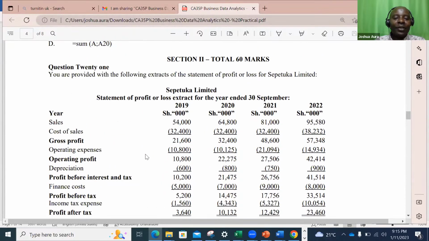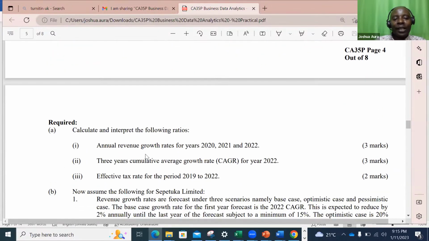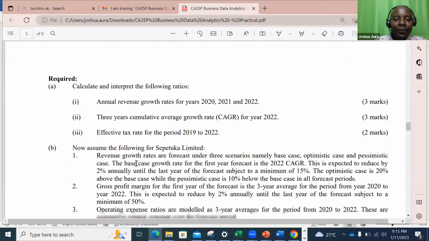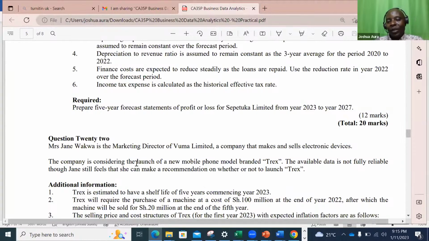And then we have section 2 here. Section 2, like here, calculate annual gross revenues, etc. This forecasting question was a heavy one, but I've been able to do solutions for them.